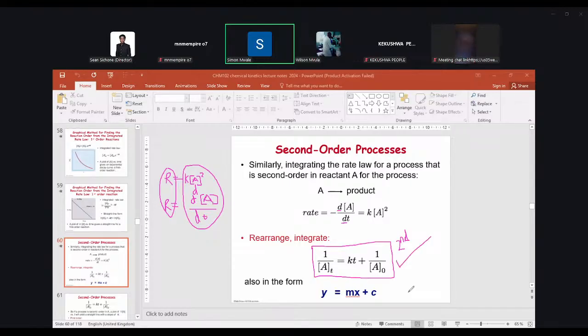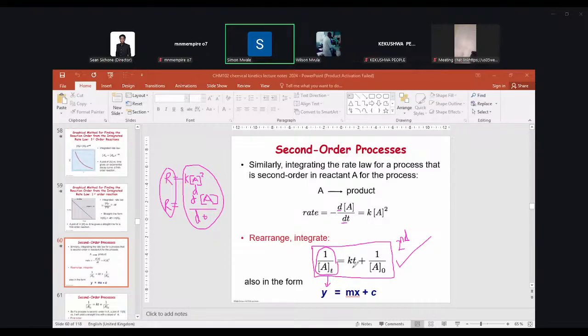If you know that your equation is second order, the integrated rate law is given by this equation. Again, this equation is an equation of a straight line, just like we had with a first order reaction. In this case, the y-axis is this whole term here, 1 over the concentration of A at time t.